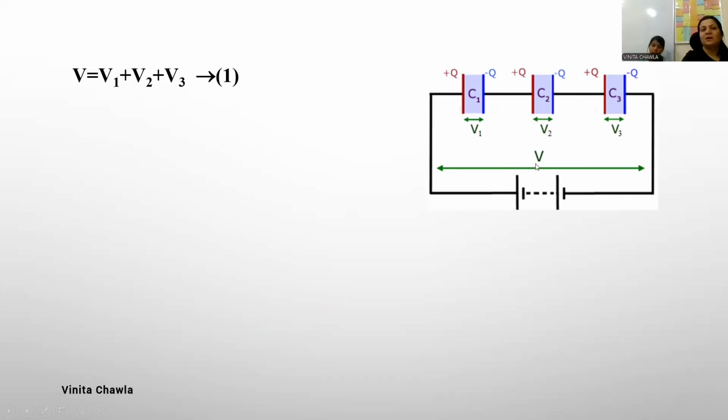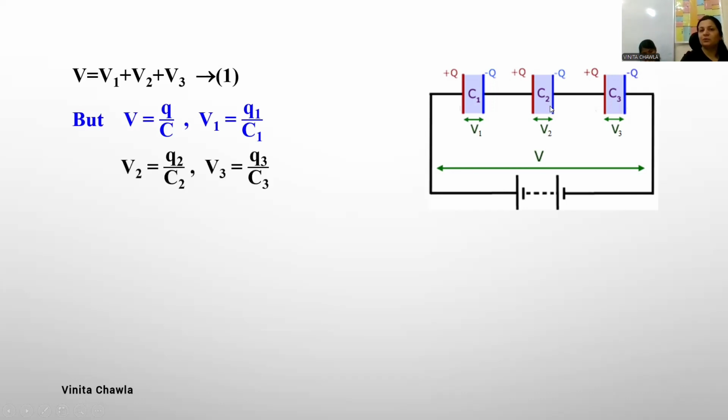And this V is Q upon C, where C is the equivalent capacitance. For the first capacitor C1, we can write V1 as Q by C1. Similarly, we can write for the second capacitor. Tell me, what will we write?